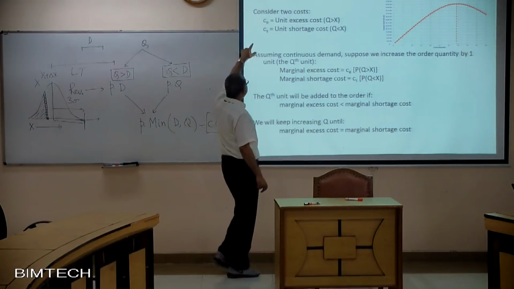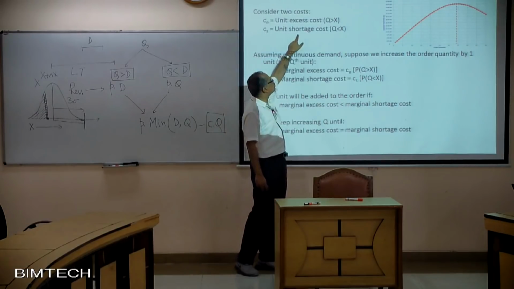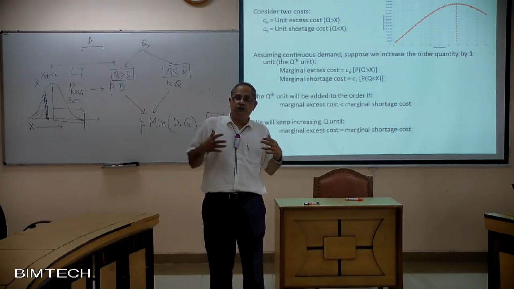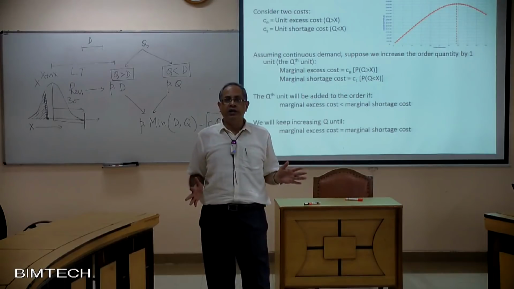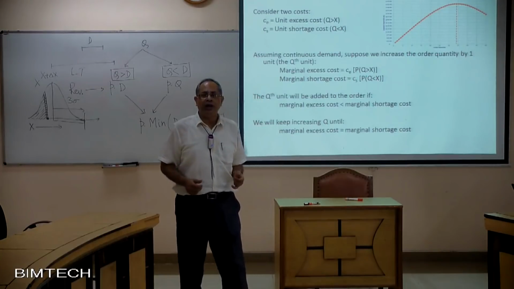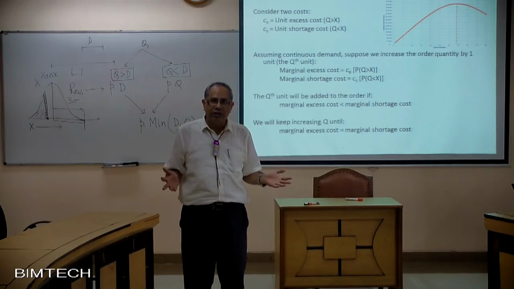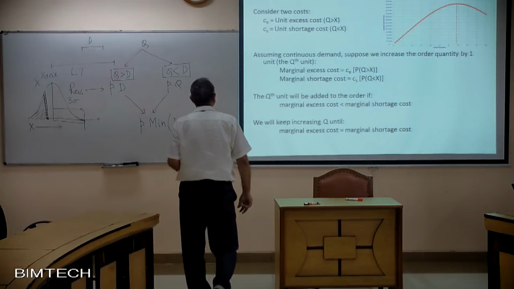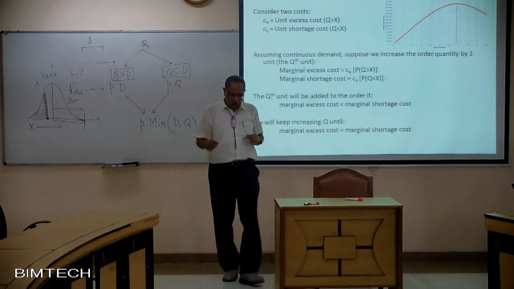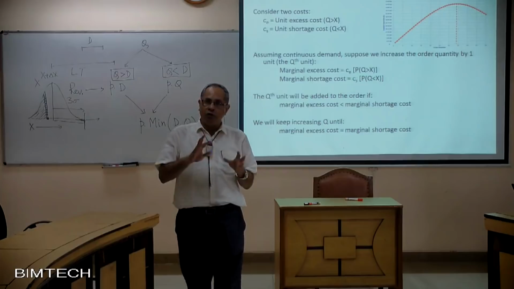Correspondingly, we also have a C shortage or CS, the unit shortage cost. Whenever we go short, short means we have fallen short of the total demand, which means that Q, the order quantity, is less than the demand X. Remember, X is a random variable because the demand is uncertain in our case. Okay, so unit excess cost and unit shortage cost are the two costs that we use to move forward.